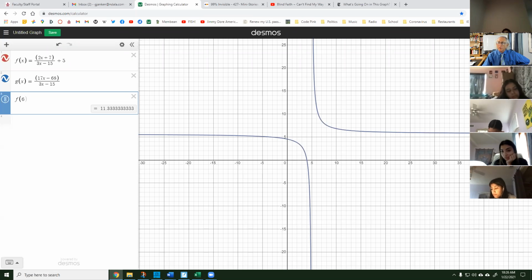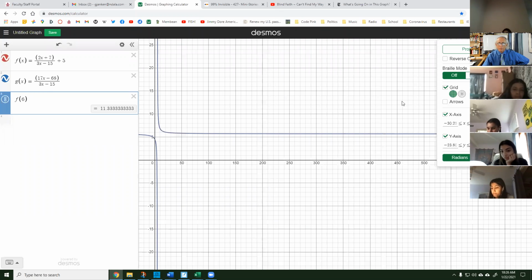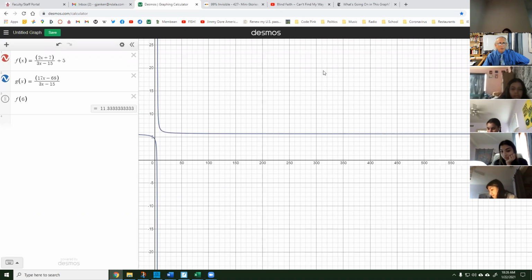Let's change my x-axis here to, I don't know, 700. Not really a good example. Okay, I'll come back to here.